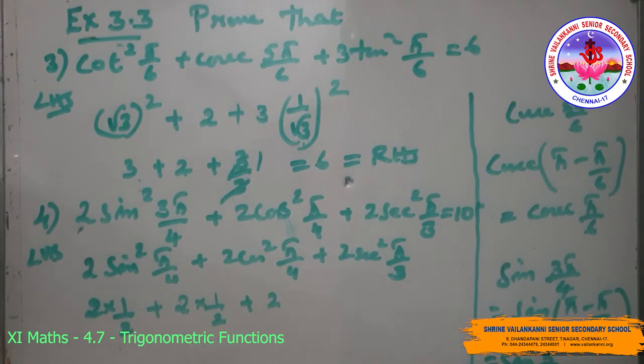So 1 by cos 60, which is 1 by 1 by 2. So 2 square plus 2 into 2 square. So this will become 1, 2 and 2 will get cancelled. 1 plus 1 plus 2 into 4. So 8 plus 1 which is 10, which is RHS.